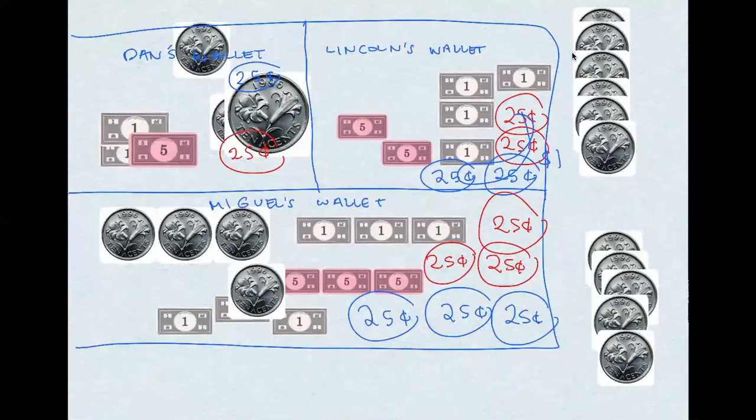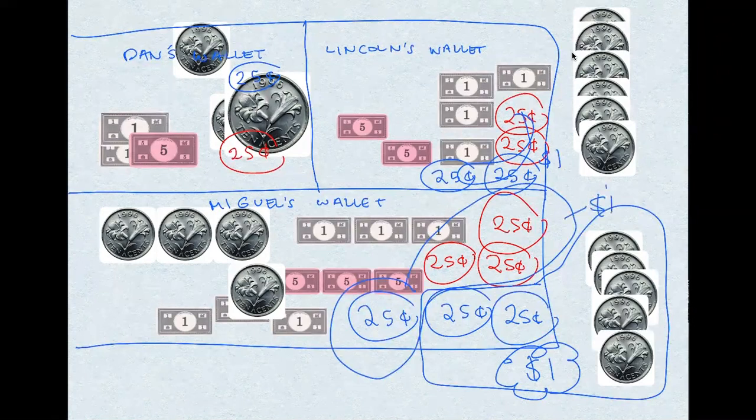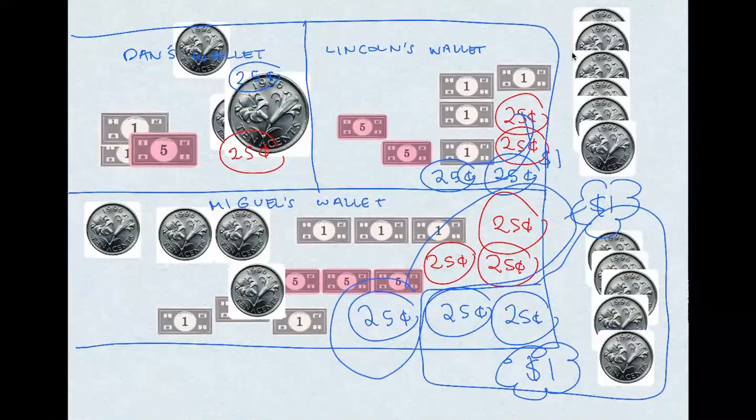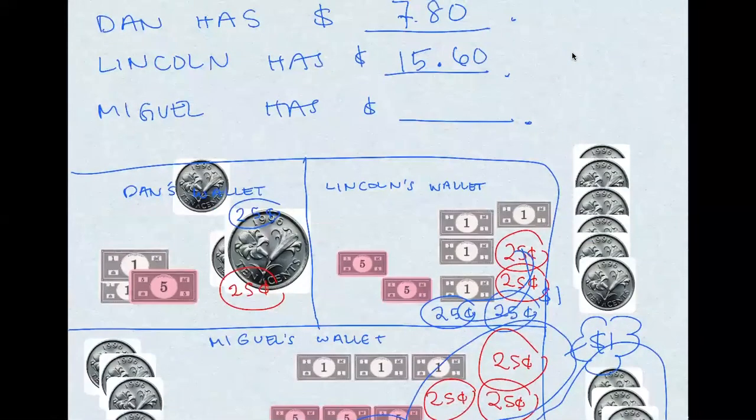If I take these 2 quarters and these 5 10 cents, I get $1 here. And then I have to take the remaining quarters. I get another $1 here. And then let's see, we have 10 cents, 20 cents, 30 cents, 40 cents remaining. Let's go write down that 40 cents.